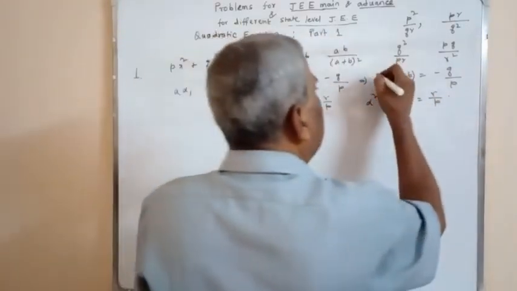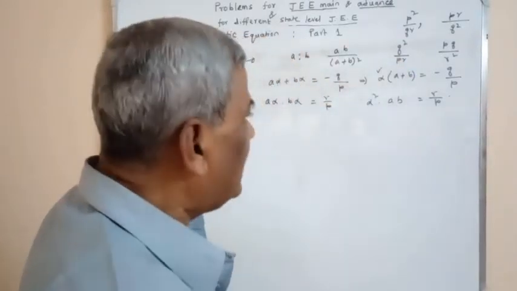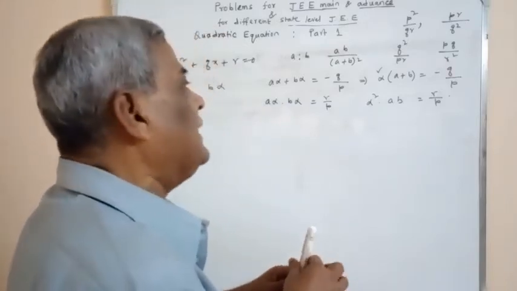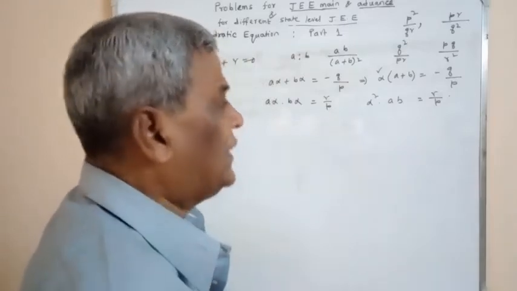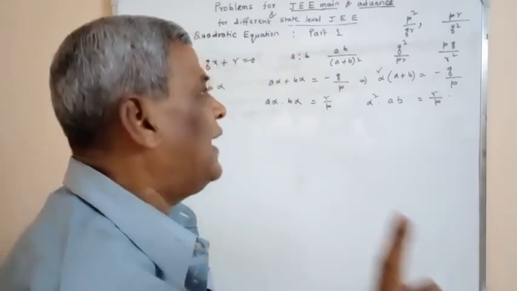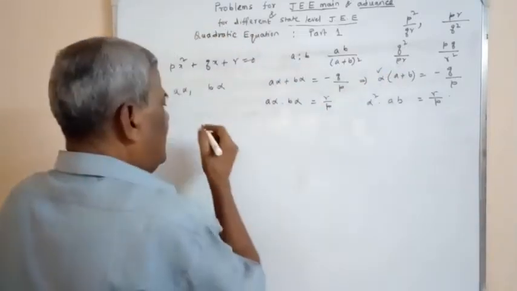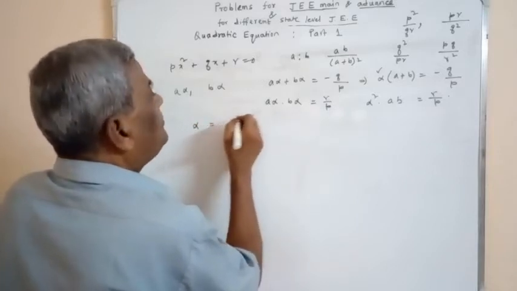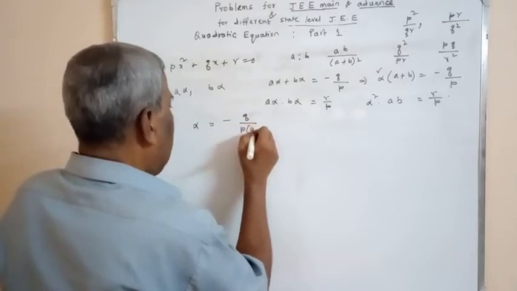Now, from this relation, to get our answer, we have to find a relation between a and b in terms of p, q, r. That is, we must eliminate alpha. From the first, we get alpha is equal to minus q by p into (a plus b).